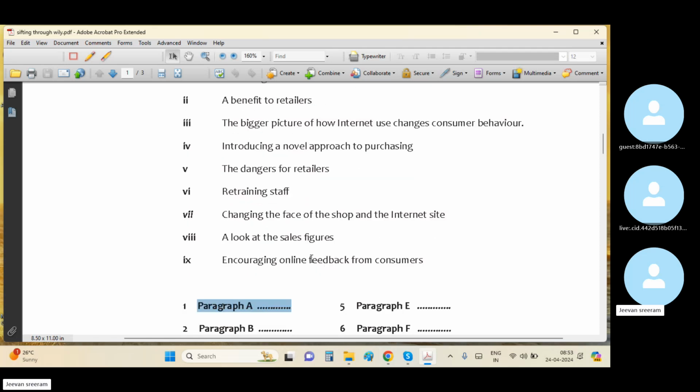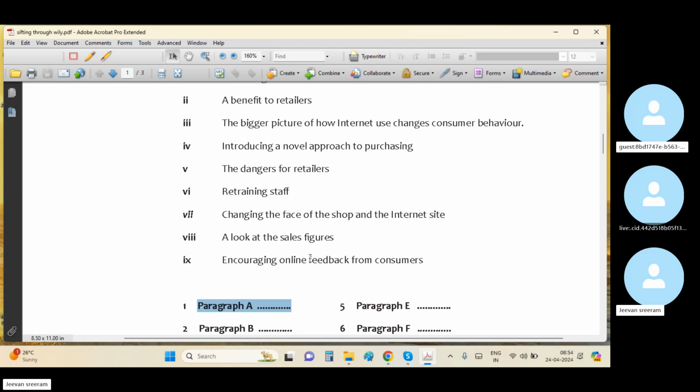So if you have more number of headings, definitely you feel distracted as you try to match paragraph with correct heading. You may get distracted, you may feel confused, thereby increasing the overall difficulty level of the question type. Okay, so one way to distract the students, another way is to increase the difficulty level of the passage. They may include more number of headings in these matching the headings question type.